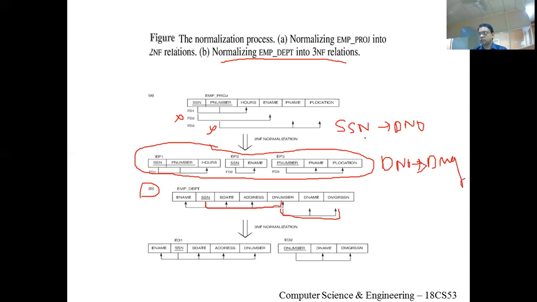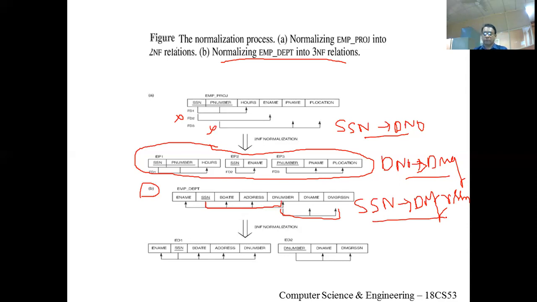If we have these two functional dependencies, I can write SSN determines DMGR SSN. Now I can say that DMGR SSN is transitively dependent on SSN.